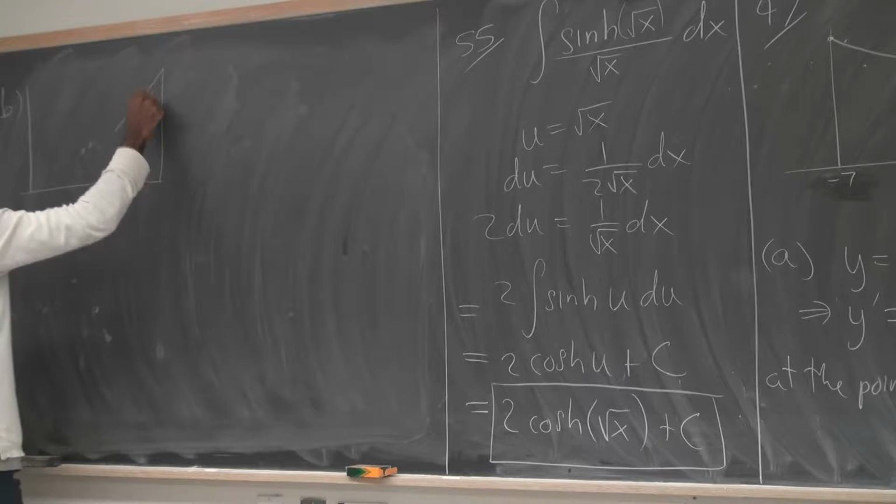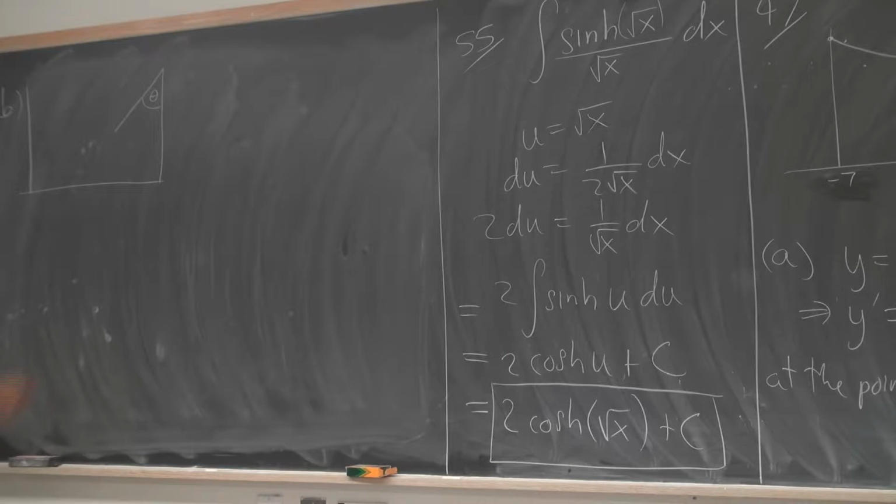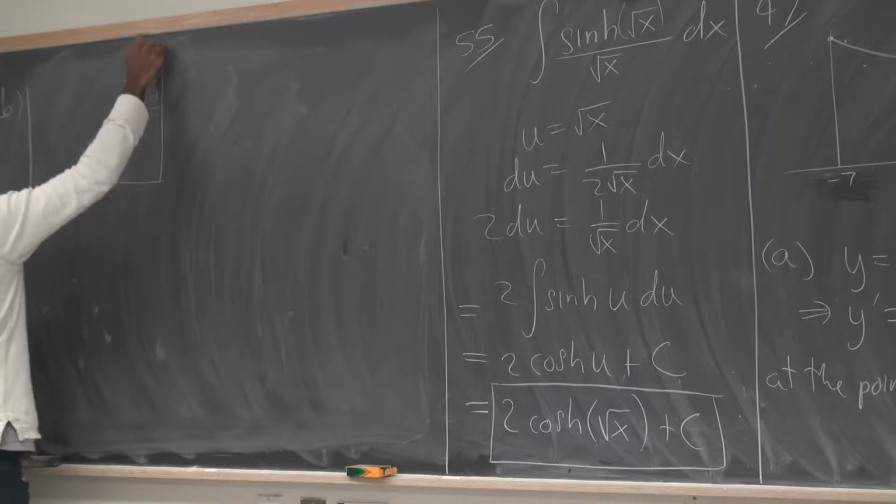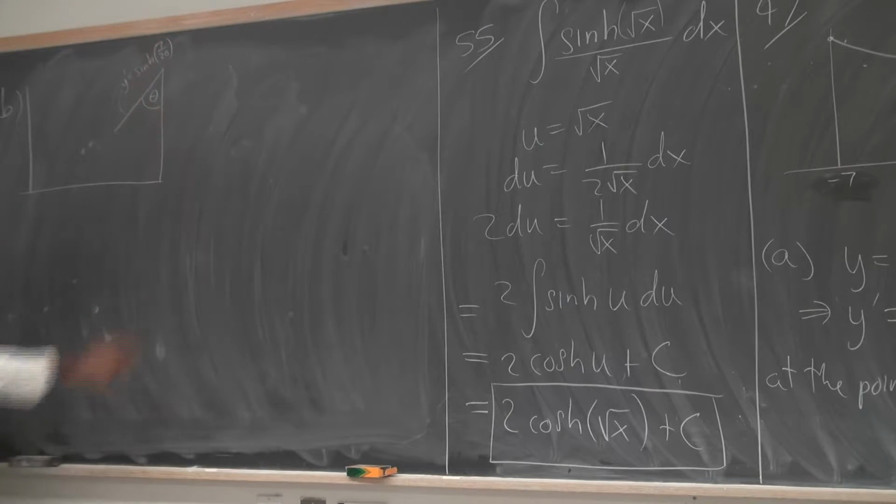So now I know theta is this angle, and I know the slope of this is y prime equals sinh of 7 over 20. Okay, so how do I find theta? Like the inverse of the slope, so 1 over tan theta is sinh 7 over 20? 1 over tan theta equals sinh?